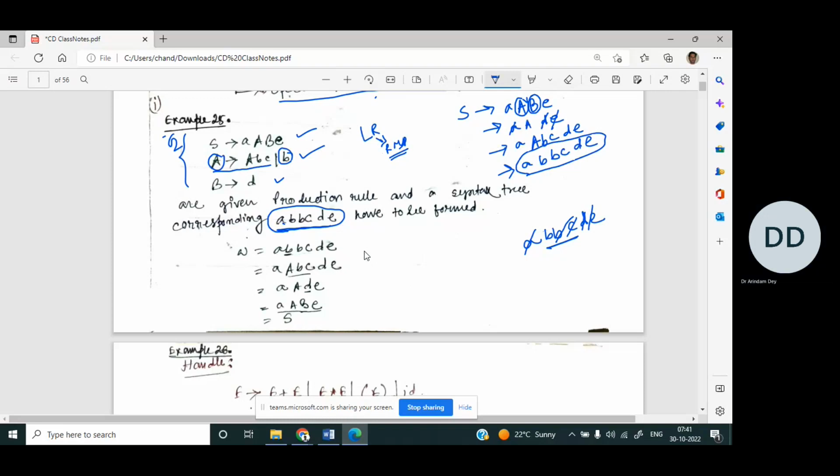Now, the way I have performed here, if I change the way that I am performing, so here I approach from top to bottom, correct? Top down manner. But if I am moving from bottom to up, then it will be bottom up parsing.